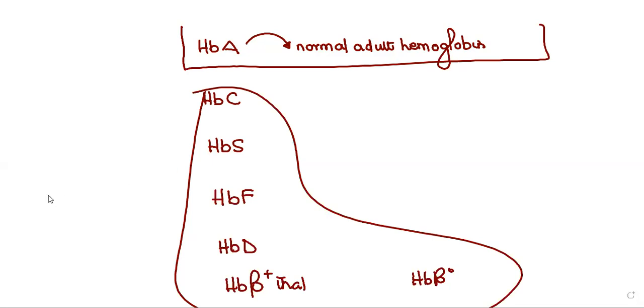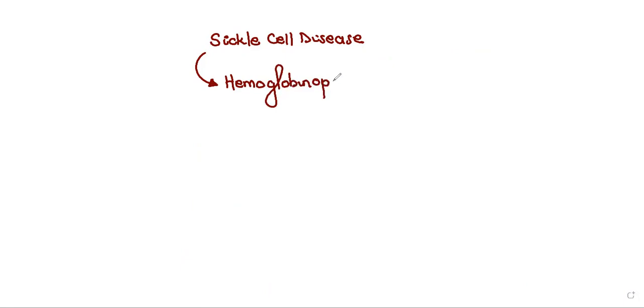And so when we say sickle cell disease, what do we mean? Sickle cell disease is a hemoglobinopathy. Pathy means disease, like amyloid angiopathy.